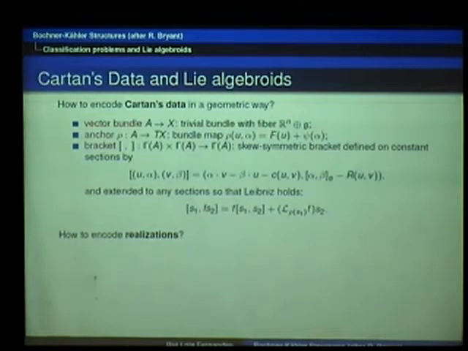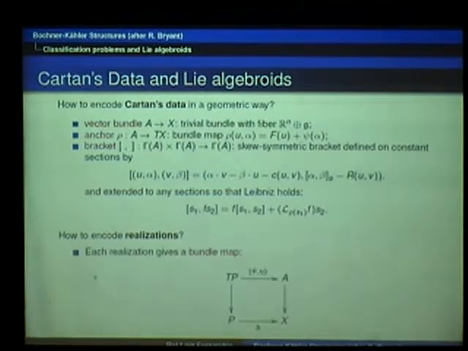And then there was this realization of a Cartan data, this P coming with an action of G. So how do I encode that in this language? Well, what each realization gives to me is a bundle map from the tangent bundle of P back to this trivial vector bundle A, which is given by this coframe, theta, eta, the coframe that was formed out of the connection 1 form and the tautological 1 form.